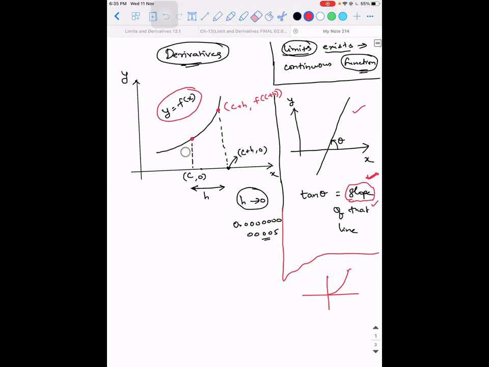So I already have two points on this curve: c comma f of c and c plus h comma f of c plus h. When I join these two points, I have a straight line. When I extend it, I can see it is making an angle theta with the x-axis. Even if it is not cutting, I can extend it virtually and see the angle theta.